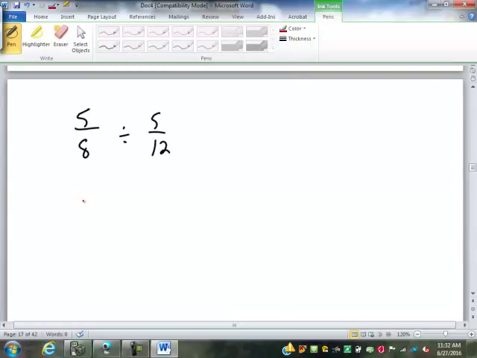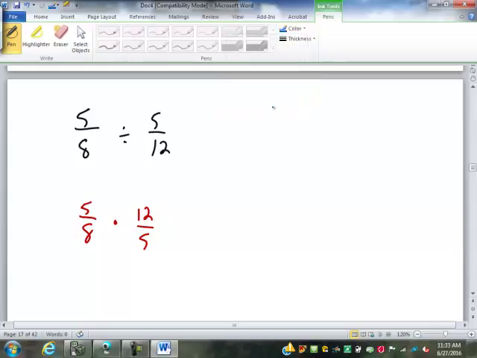So of course the 5/8 does not change. What's the rest of it going to become? Times 12/5. Do I want to take that 12/5 and make it into 2 2/5? No, we're going to leave it. We don't want to turn it into a mixed number because we're in the middle of a process here, right?